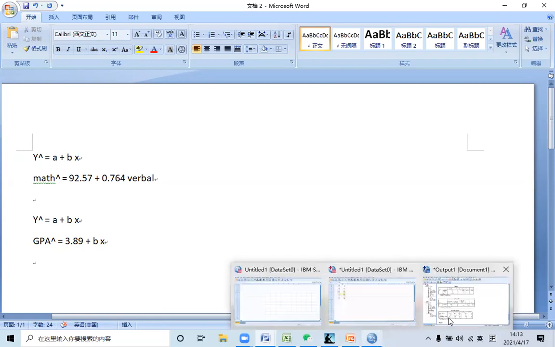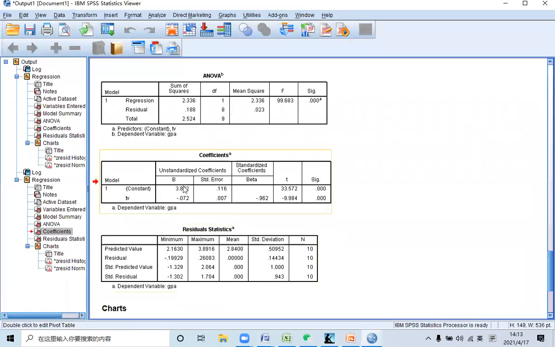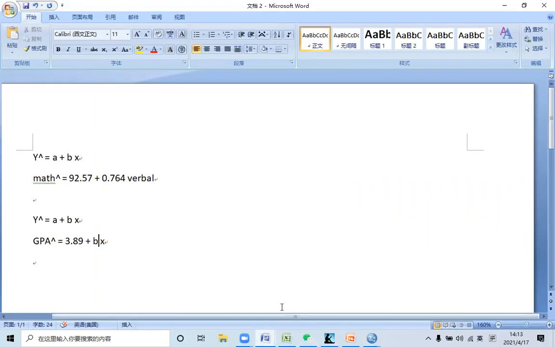Where's the slope? Negative 0.072. X would be the number of hours a person watches TV per week.